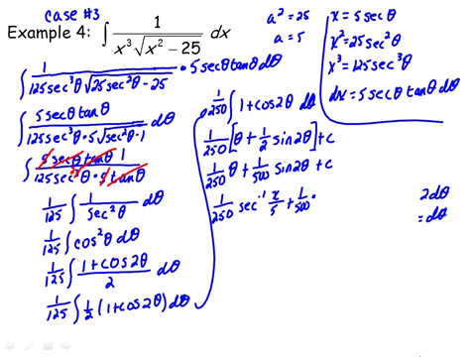Good thought, though. No, can't double it because it's straight substitution. What are you gonna do? I don't have a sine 2 theta on my paper. Anything in Cal 1 tell you how to do something with sine 2 theta?